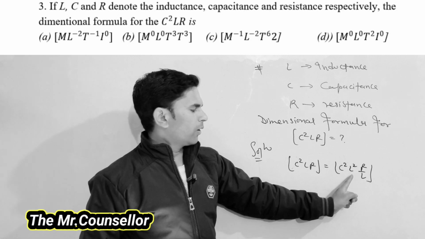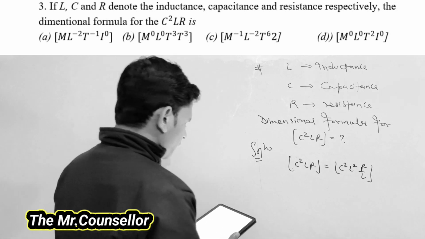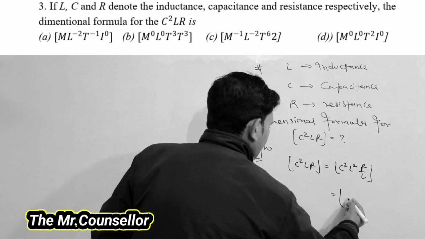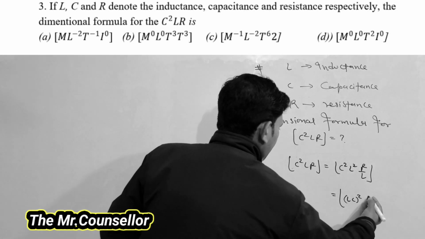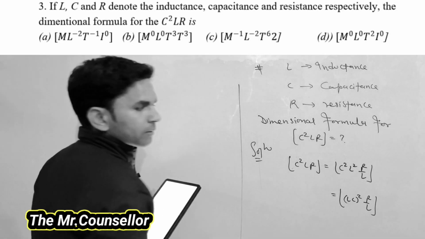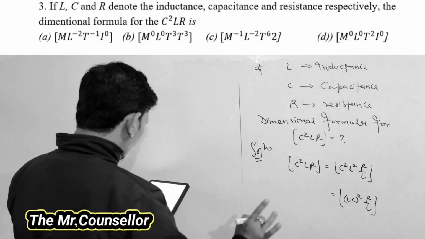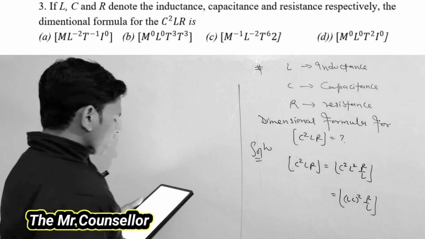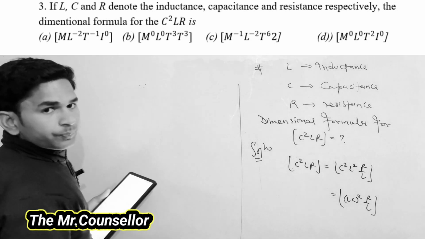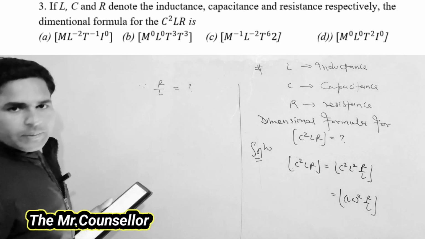Why are we doing it like this? You will understand, wait. So you can also write LC square, R upon L. Keep one thing in mind: whenever you divide R upon L, then what will you get?